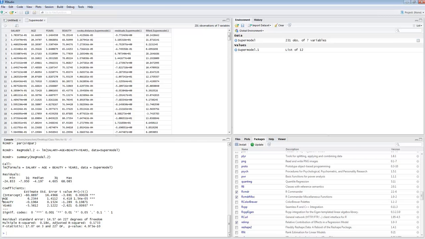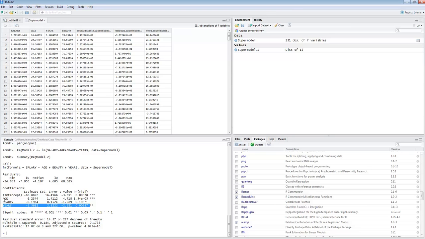Remember that we had said that age had a positive relationship and years had a negative relationship. There's a good chance that age is soaking up the variance for years, because years and age are correlated, as we saw when we ran our correlation matrix, and then confirmed when we ran our diagnostics, our VIF, variance inflation factor, which indicates whether a variable has an influence on another.